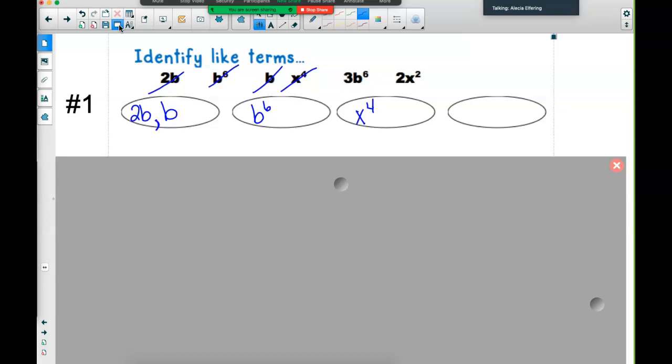Okay, 3B to the 6th power goes where? With the B to the 6th power, because it has the same variable with the same power. And then we have 2x squared. Can that go with this x? Why not? Why can't it go there, T? It doesn't have the same power. Good. So it's different. So 2x squared goes there.